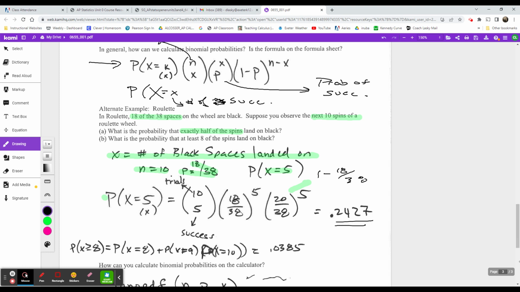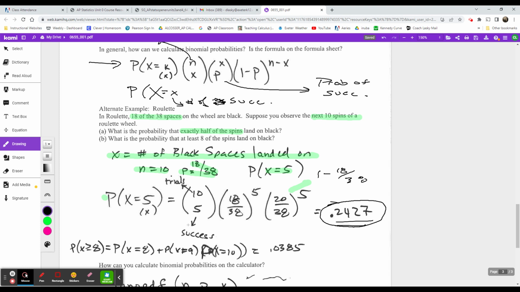Then you times it by... Why did that not come up with what I wanted? What the heck just happened? But that's how you do it. I'm going to use the calculator a different way. So that's how you set up the formula here.